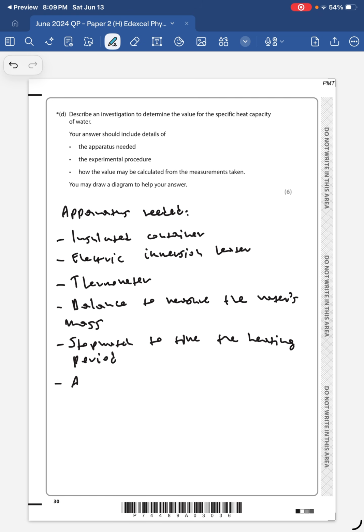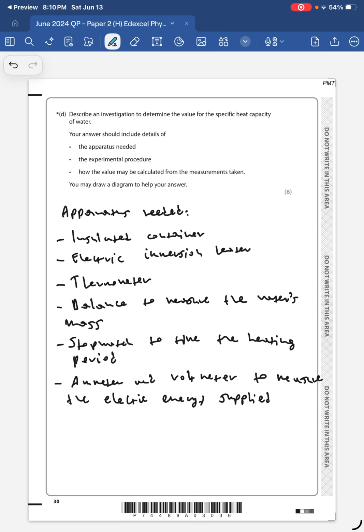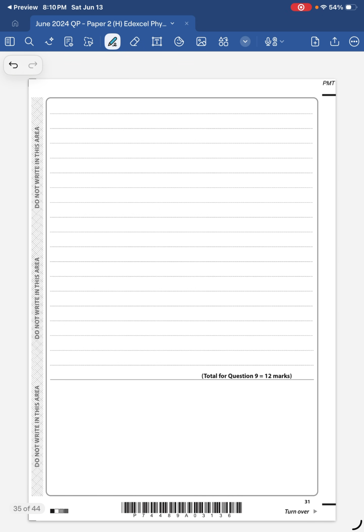Okay, an ammeter and voltmeter to measure the electrical energy supplied. And a stirrer to ensure the water heats evenly. Okay, so that's the apparatus.